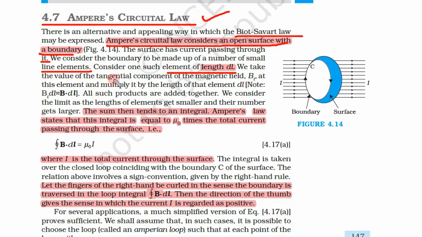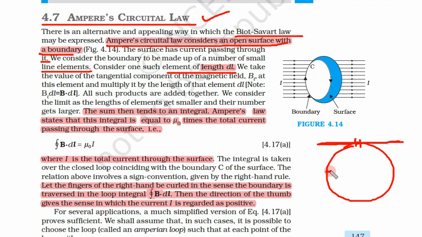We take the value of the tangential component of the magnetic field, Bt. So what is tangential? Suppose we have this circle and we take this very small element dl. If the magnetic field is something like that, this is called tangential, which is parallel to this small element dl.